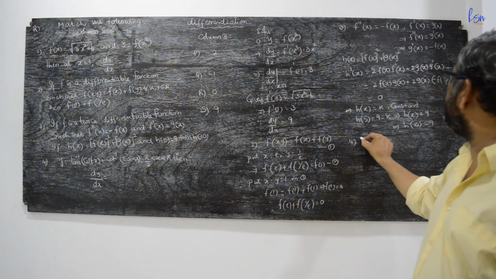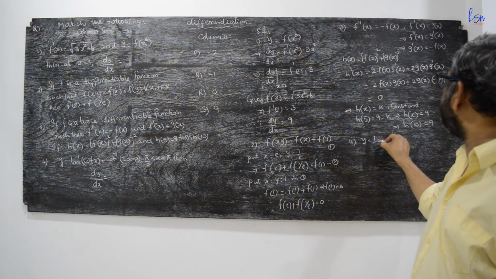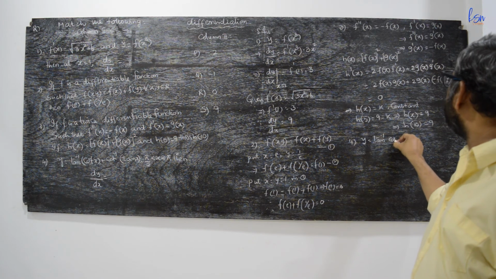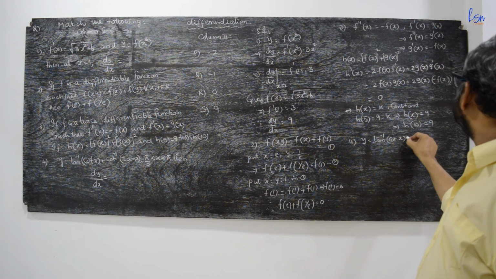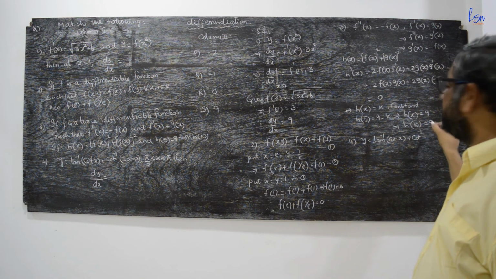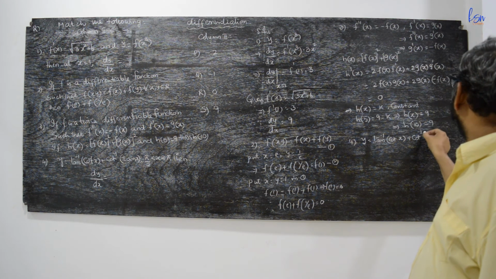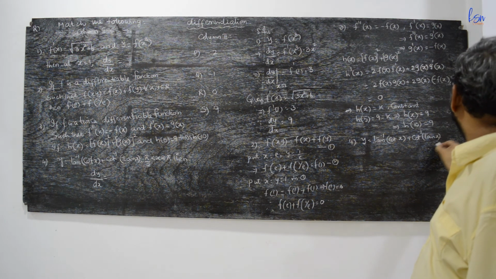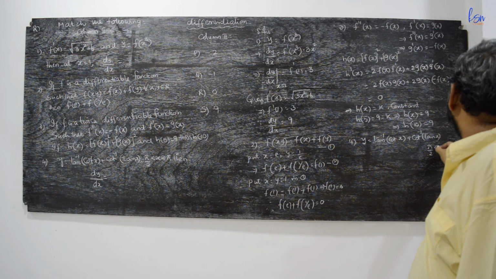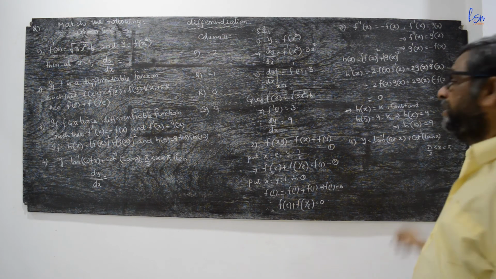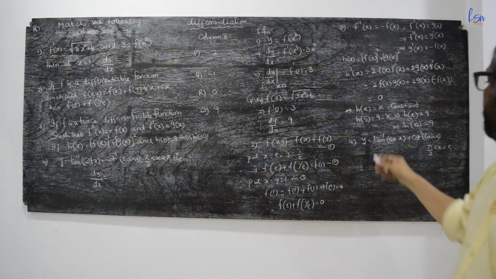It is given that y is equal to tan inverse cot x plus cot inverse tan x, 5 by 2 less than x less than pi. We are asked to find out dy by dx.